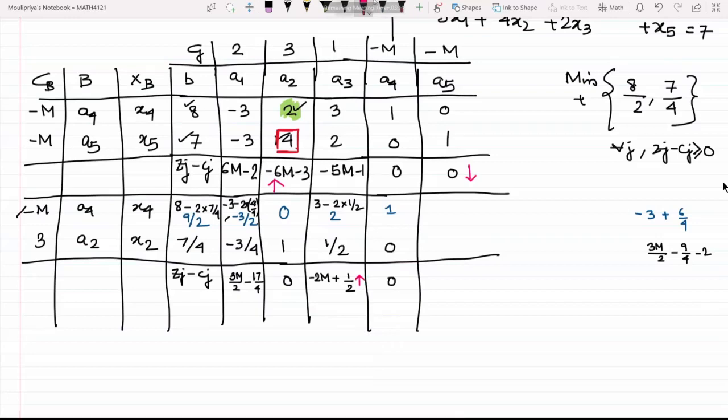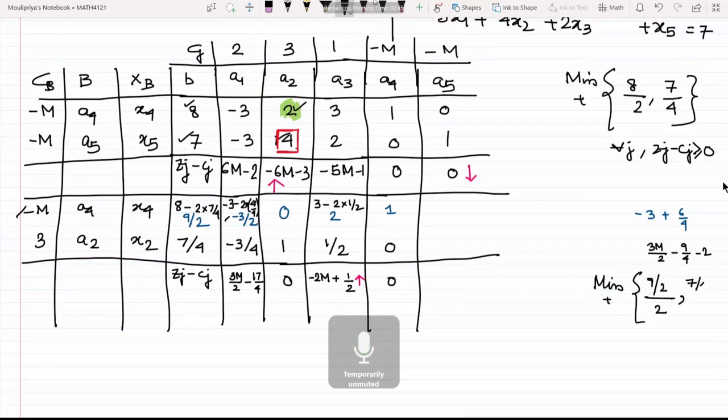How to decide on the departing vector? You find out the minimum positive ratio among 9/2 divided by 2, and 7/4 divided by half.